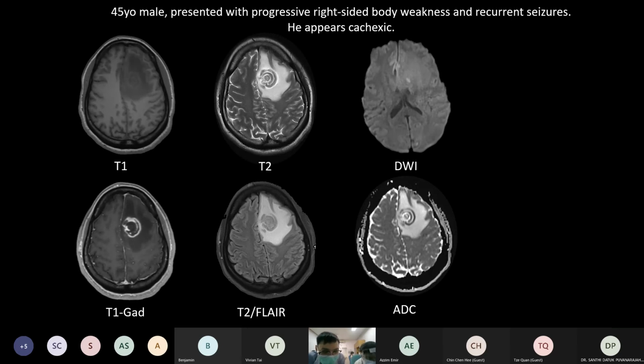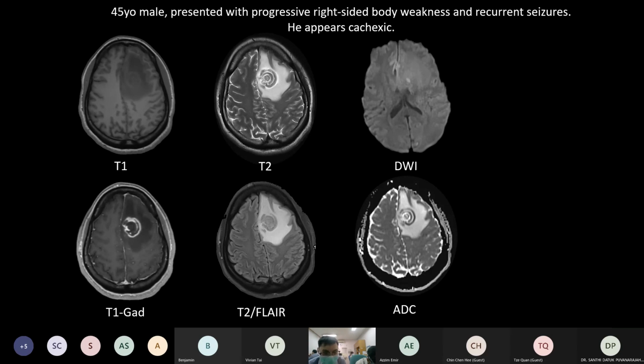Do you see any enhancement under the T1 post-gadolinium? Yes, there is a hypointense lesion at the middle, then there's enhancement around the lesion, then outside it, another.